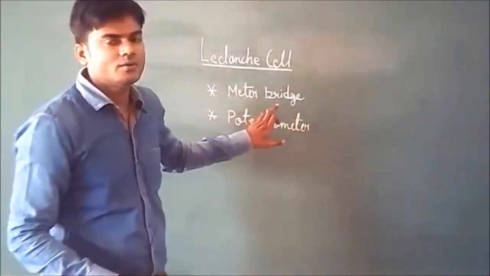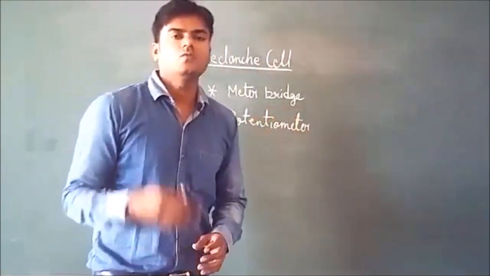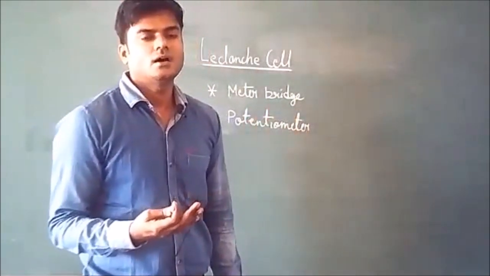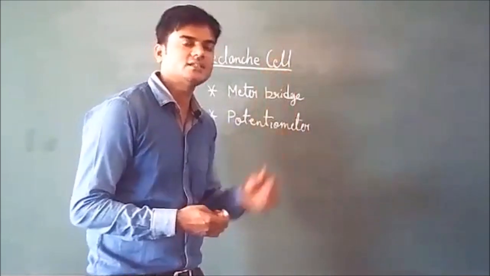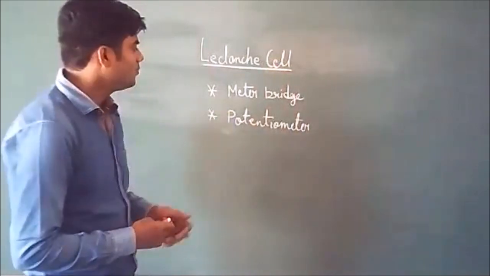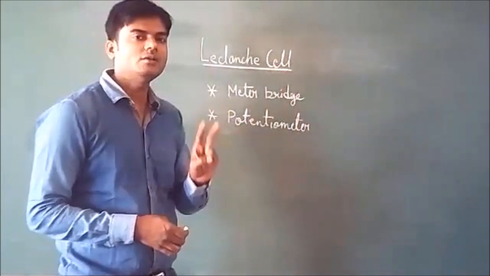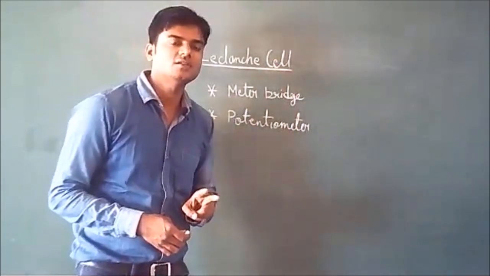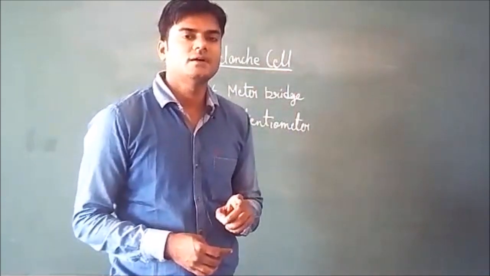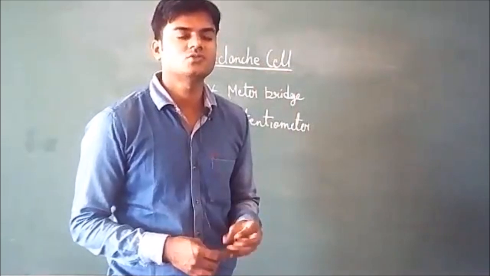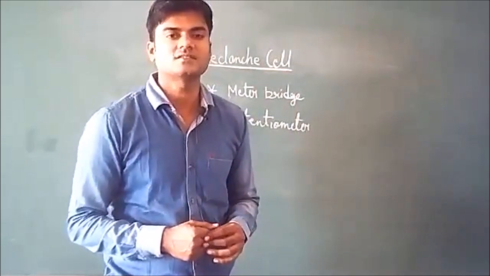In meter bridge, we will see how we are going to calculate the unknown resistance. In that also we will see the Leclanché cell. And in potentiometer we will do two experiments. One will be calculating the internal resistance of the cell, so we'll see the internal resistance of the Leclanché cell also.